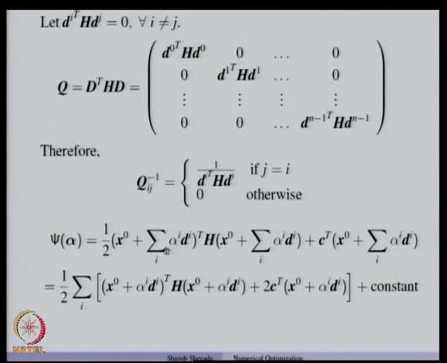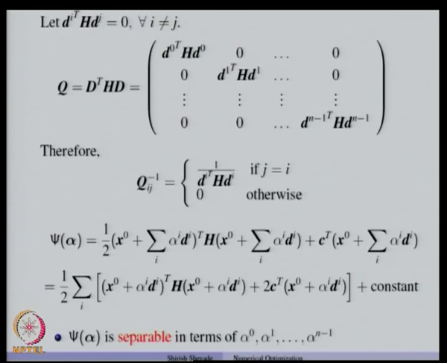You will see that every term in this objective function involves only one of the alpha i's, or in other words, this now becomes a separable problem in terms of alphas.